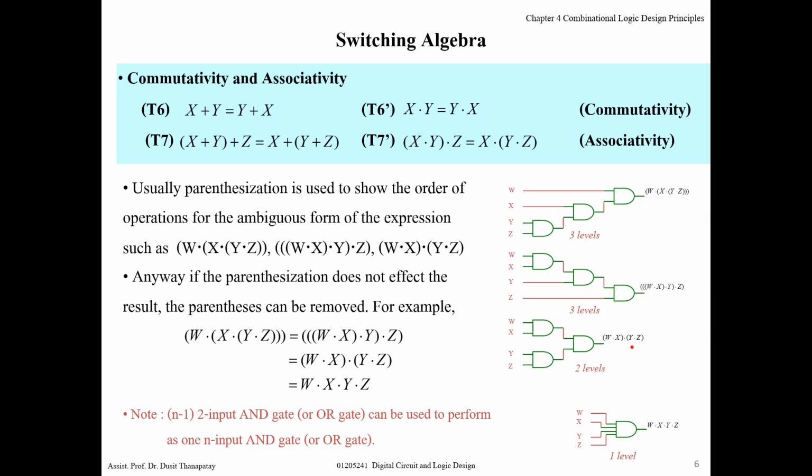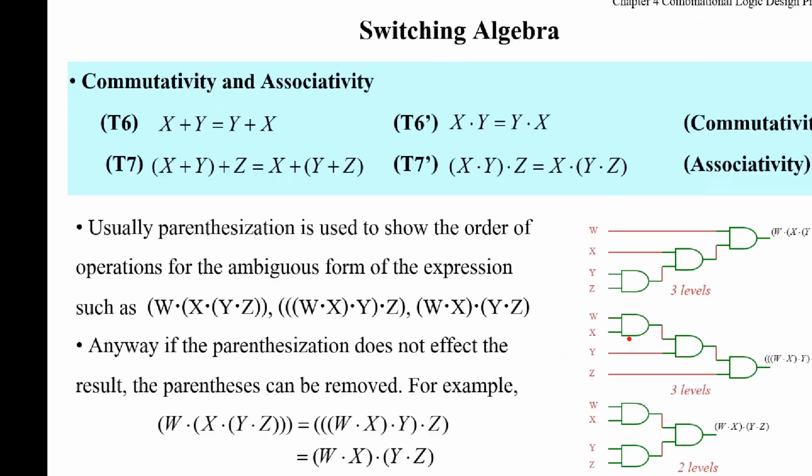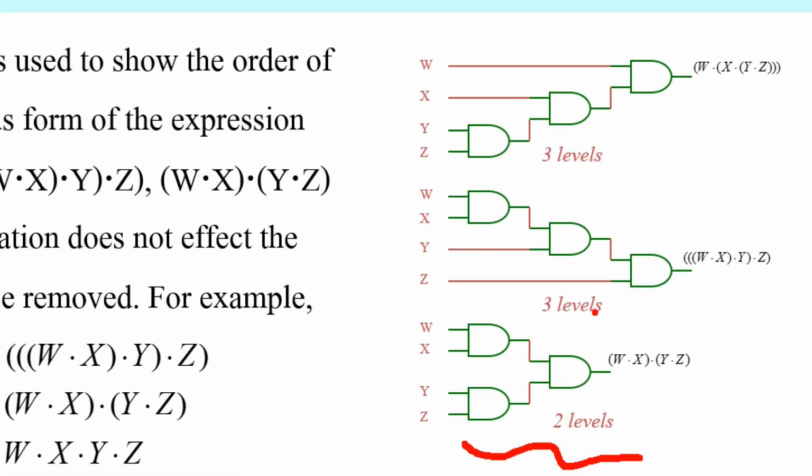But which one is better? All of these use two-input AND gates, right? 1, 2, 3, 1, 2, 3, 1, 2, 3, same result. But this one has two levels, which means it's faster, because these two can operate at the same time. So it's faster than this three-level logic gate arrangement. Don't forget that each logic gate has propagation delay time.